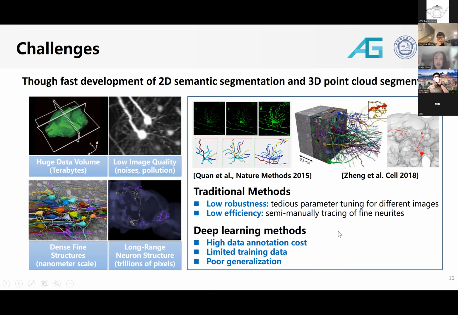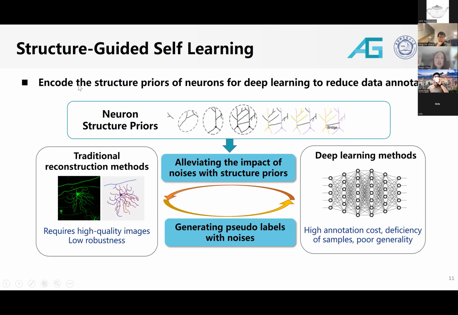Usually a neural network trained on natural images generalizes poorly to microscopic images in neuroscience. In order to eliminate the requirement for annotated data, we want to apply some high-level priors to help improve the efficiency of deep learning based algorithms.